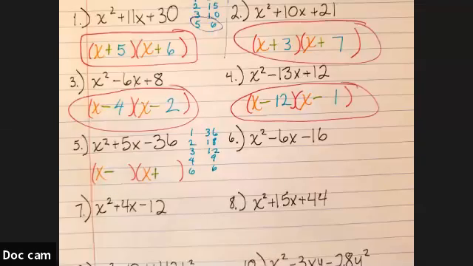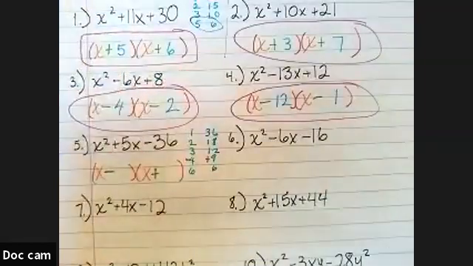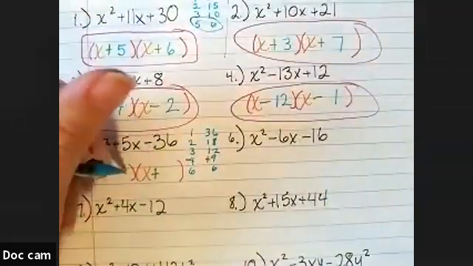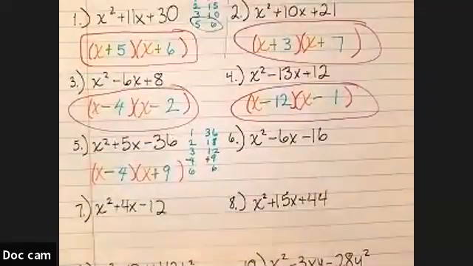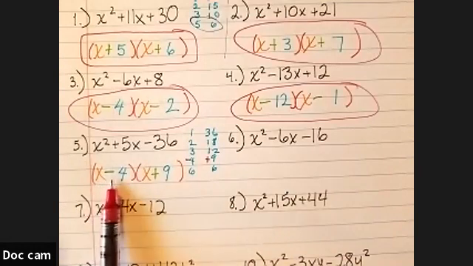And if we want to make that a positive 5, then we need the bigger number to be positive and the smaller number to be negative. So it's going to be -4 and +9. It wouldn't matter if you put positive 9 here and -4 over there, that's fine, just as long as 4 is negative and the 9 is positive.